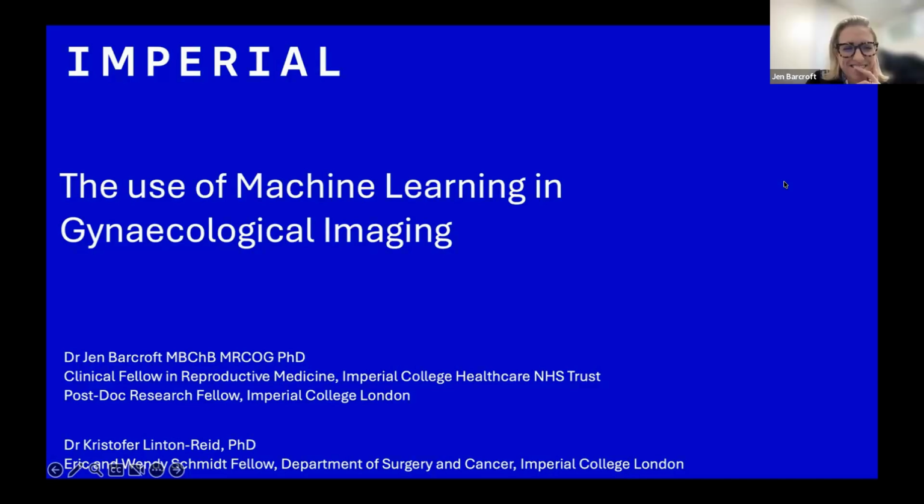Dr. Kristofer Linton-Reid is an Eric and Wendy Schmidt Science Fellow at Imperial College London, where his research focuses on the development and clinical translation of artificial intelligence for medical imaging across obstetrics, fertility, and gynecology. His work sits at the intersection of machine learning, radiomics, and multimodal clinical data, with the goal of improving early diagnosis, risk stratification, and clinical decision support in women's health.